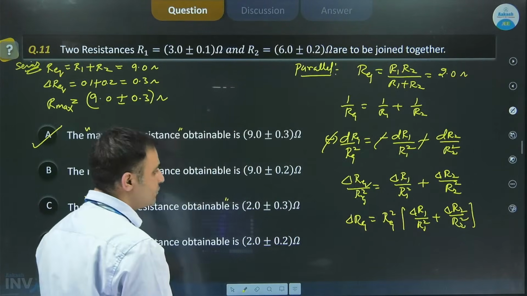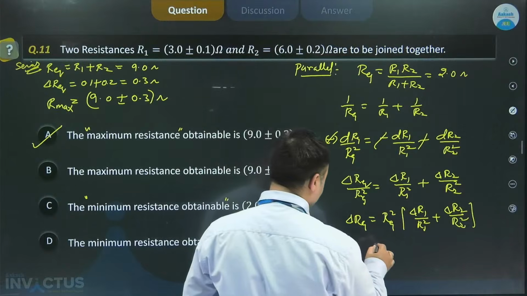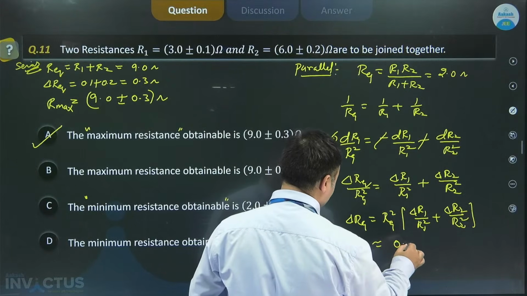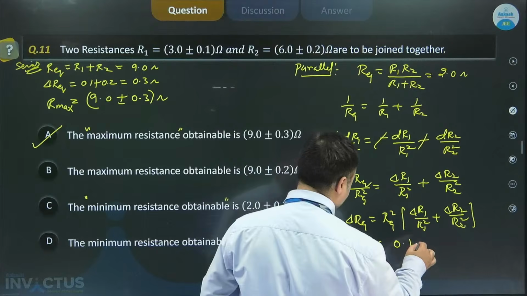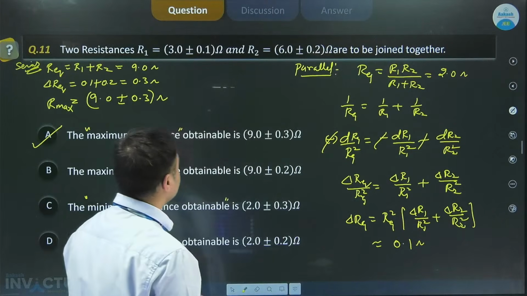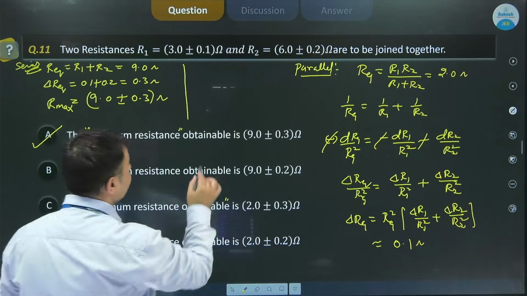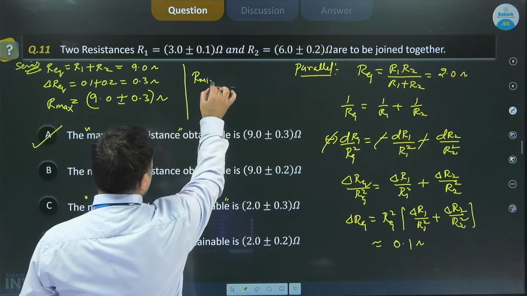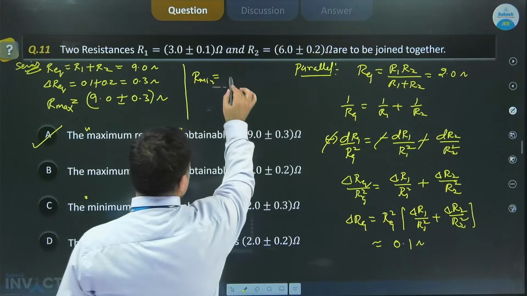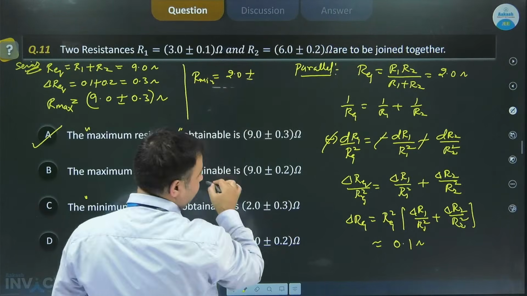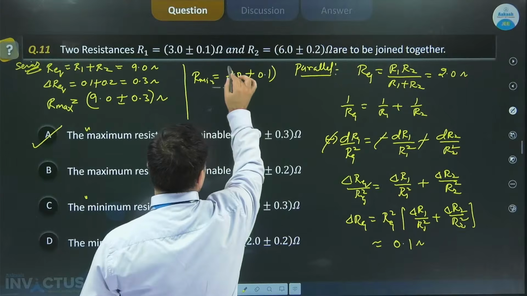Now putting all these values and rounding to one decimal place, it comes out to be 0.1 ohm. So the minimum obtainable resistance with error limit will be 2.0 plus minus 0.1 ohm.